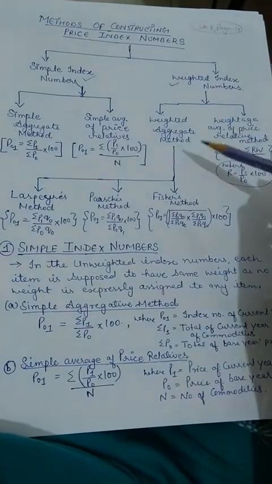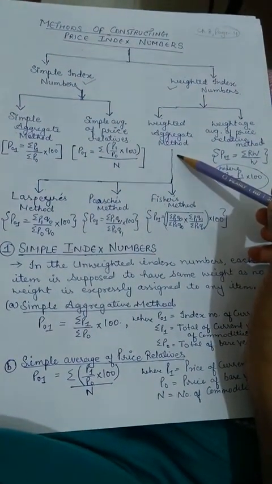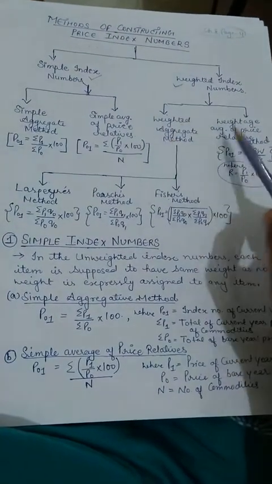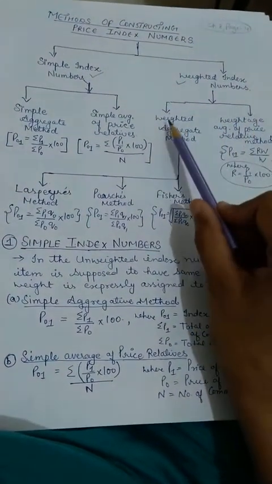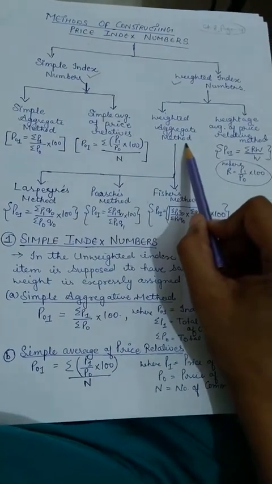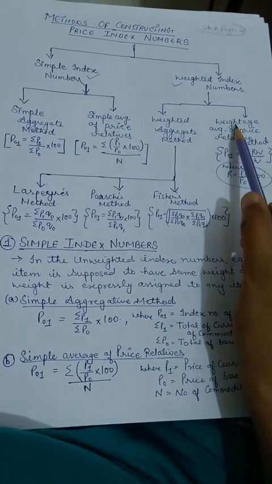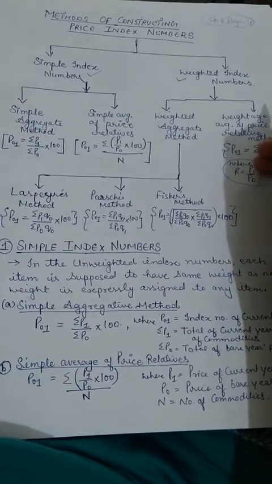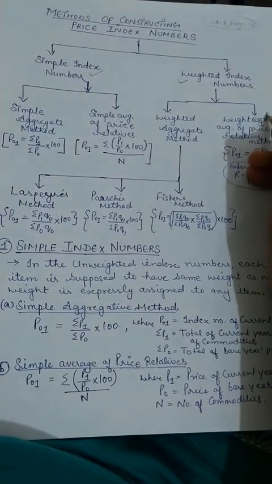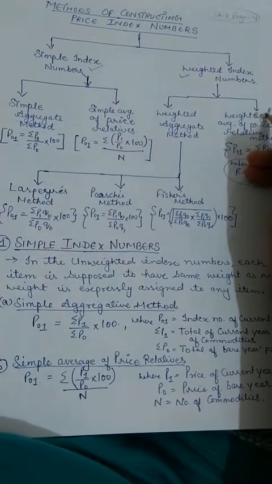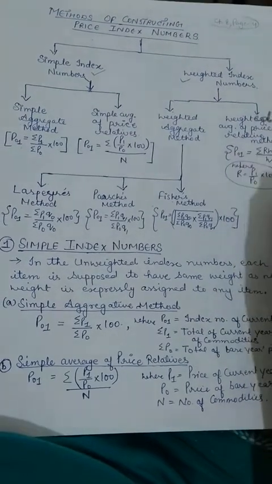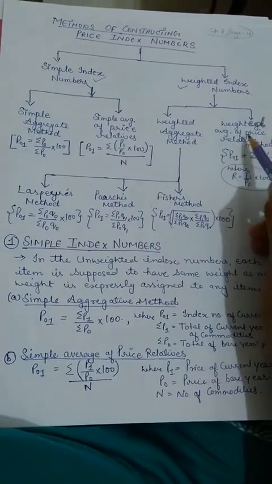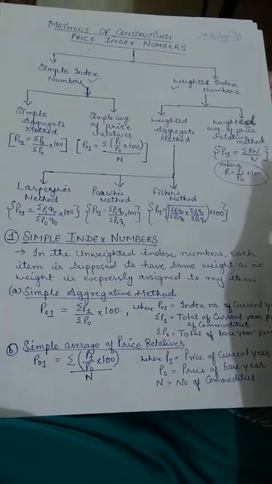In the same way, we have this weighted index number. It is divided into two different parts, that is weighted aggregate method, then weighted average of price relative method.